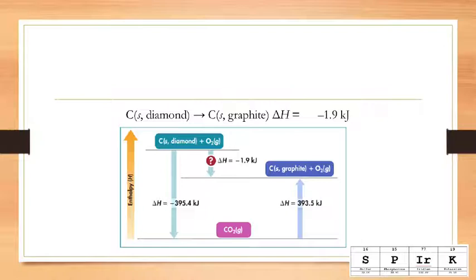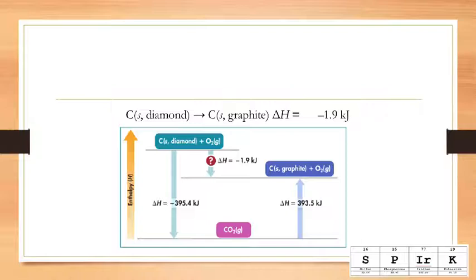So for this reaction, we can compare their enthalpy changes. We went from diamond to graphite, and that gave off -1.9 kilojoules of heat to transform from diamond to graphite.